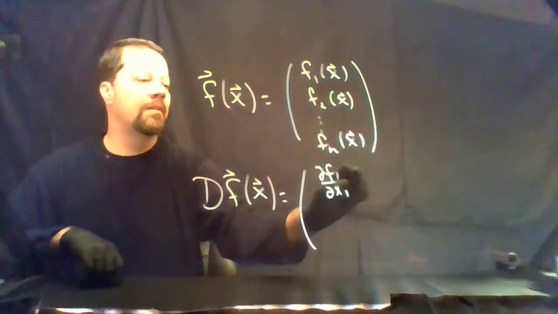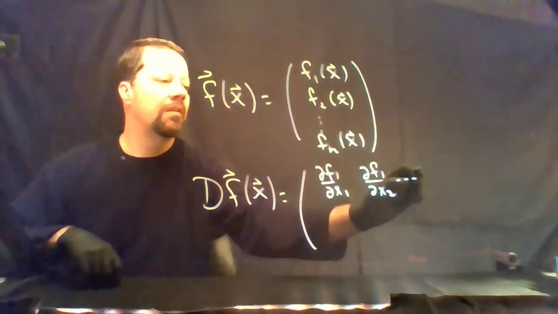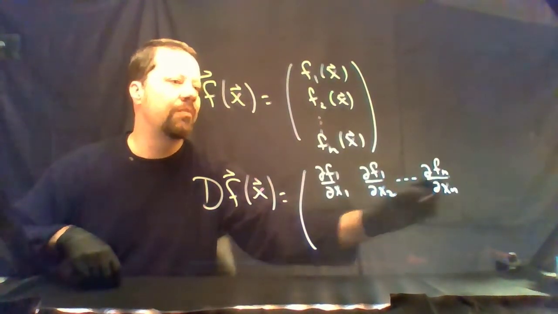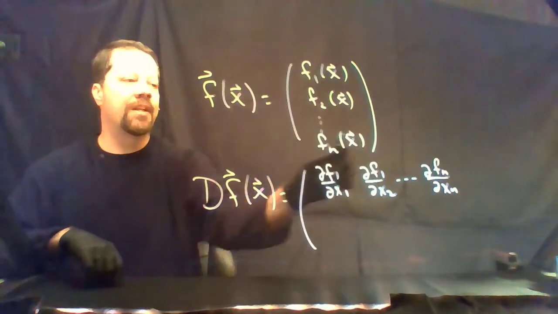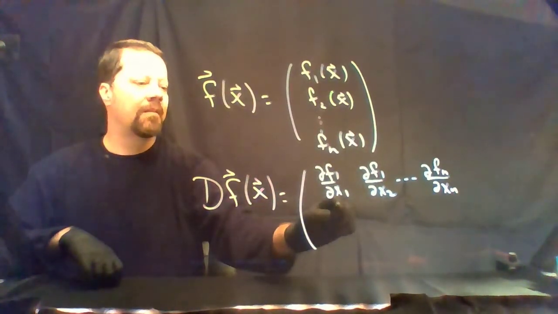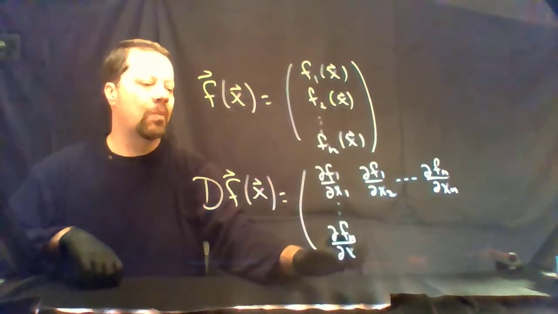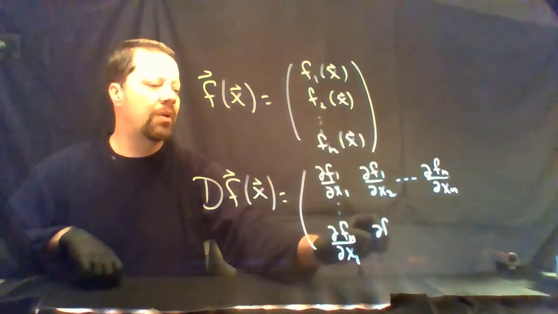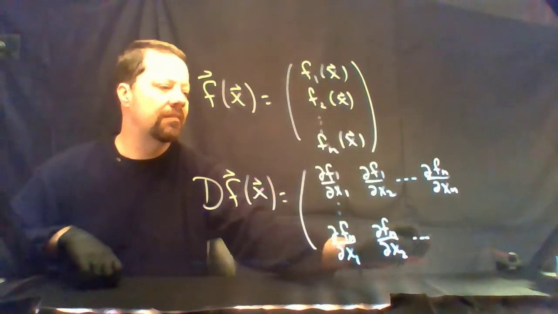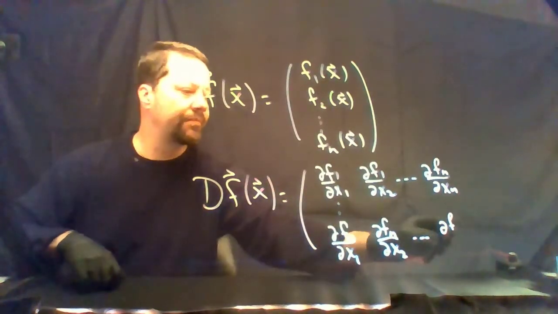df1 dx1, df1 dx2, dfn dxn. We'll assume that we have n entries here and each x has n coordinates as well. Down to dfn dx1. Notice that each row is the gradient of the coordinate function.